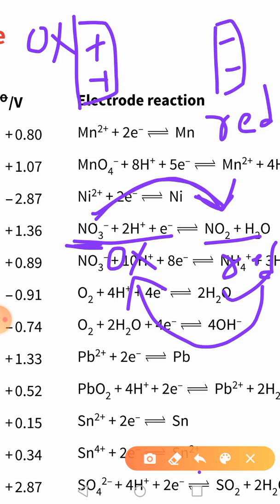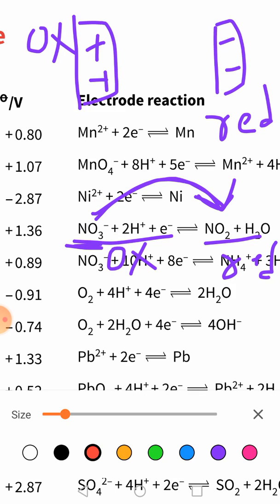All right. Now, if you want to make nitrate neutral, then you have to go from left to right. That means you have to carry out reduction.